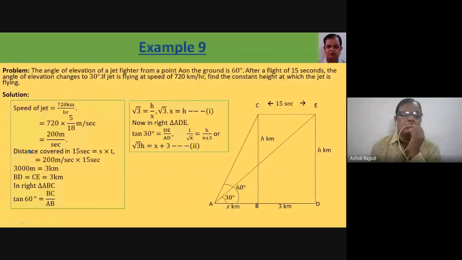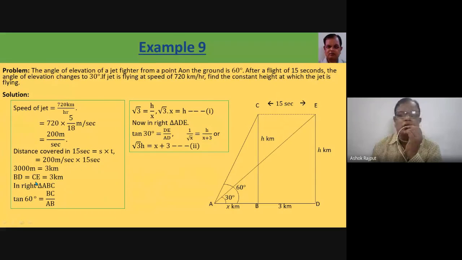The speed is 200 meter per second. The distance covered in 15 seconds equal to speed into time. So we have multiplied 200 meter per second into 15 seconds, then it will be 3000 meter or 3 kilometer.